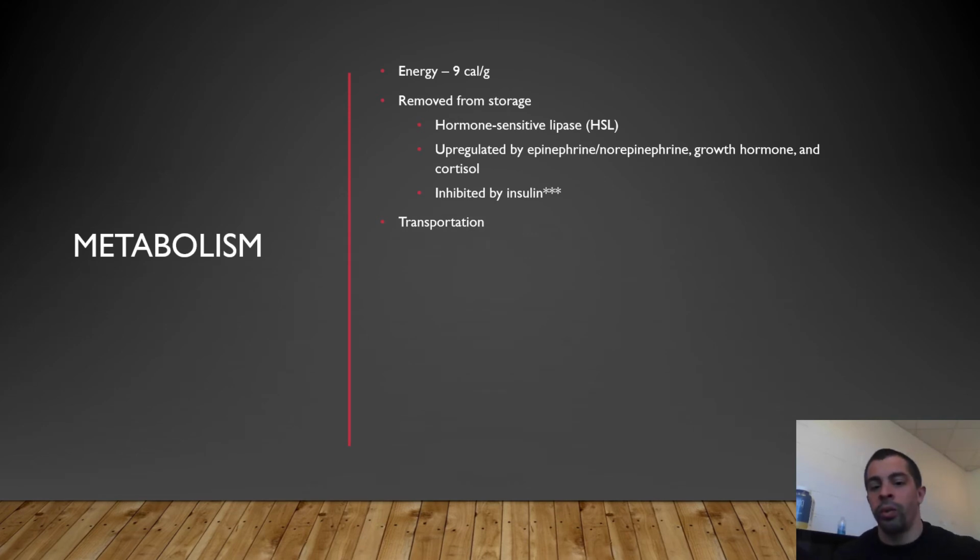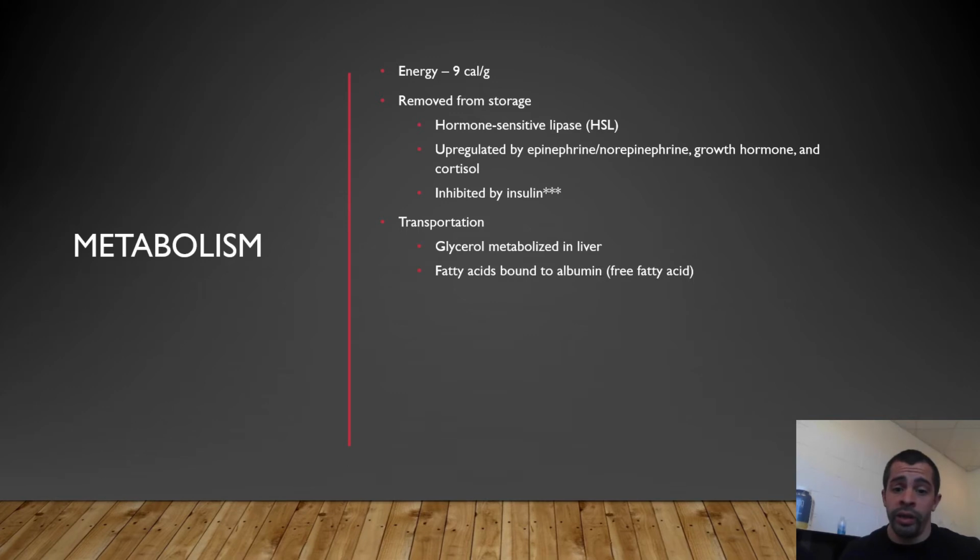So let's say we have now broken down the triglyceride by chopping off the glycerol. We're left with 3 fatty acids. And what do we do? We need to move them. Glycerol is largely metabolized in the liver. However, the fatty acids cannot freely travel in the blood.